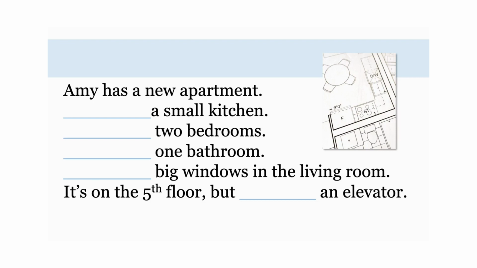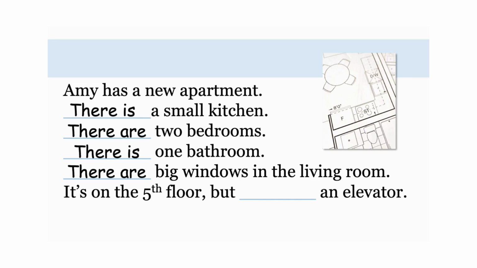Amy has a new apartment. There is a small kitchen. There are 2 bedrooms. There is 1 bathroom. There are big windows in the living room. It's on the 5th floor, but there is an elevator. Okay?